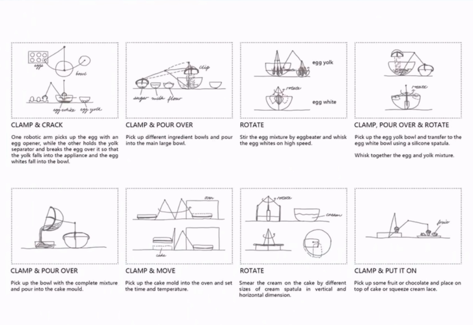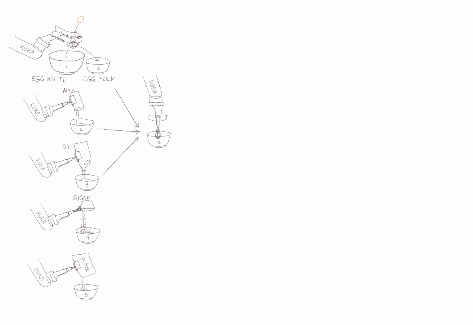For the next step, we analyzed the movements we need, starting with the human motion through the whole process. Here's the diagram showing the process of making a cake. Firstly, use tools in Cooker PLC to separate the egg white and yolk. Then pour the milk and oil into the bowl and mix. Put sugar and flour into the bowl and mix again.